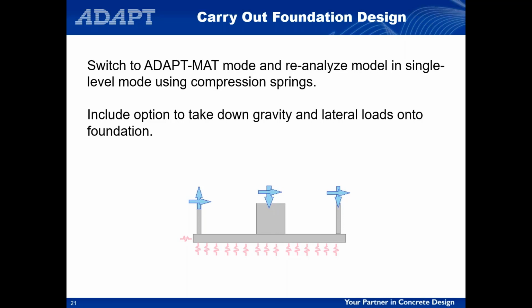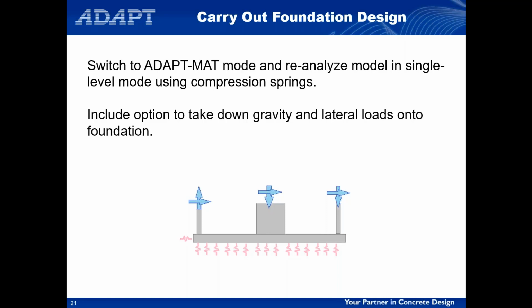So we're going to switch the program to mat mode, and we want to reanalyze this in single level mode, right? What we're going to do is go back, and by default it's going to force you to run this analysis mode using compression springs again, because it says you're in mat mode. Then the idea of replacing it with fixed supports doesn't make sense.